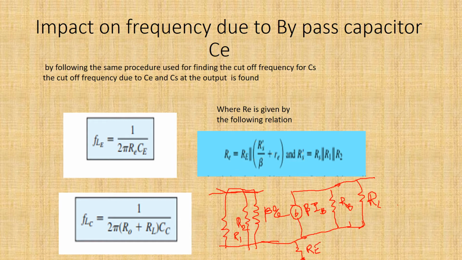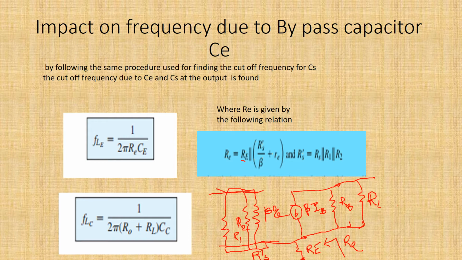Now when you are calculating the effect of CE, what we do is we try to find small re across this emitter terminal. So this Re is nothing but equal to capital RE in parallel combination of Rs dash by beta plus re. So Rs dash is this whole combination, which is shown over here.